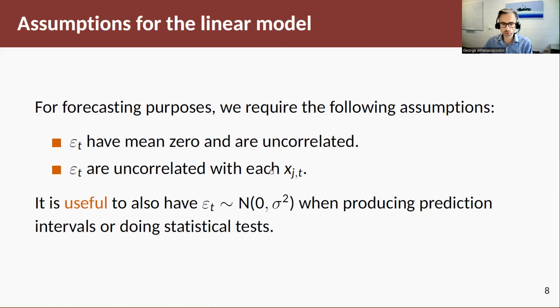For forecasting, it is also useful to have the errors being normally distributed, and it is useful to have this assumption when we are producing prediction intervals, or outside the forecasting realm where we are doing inference, where we're doing statistical tests. In the next video, we're going to talk about estimating these models.